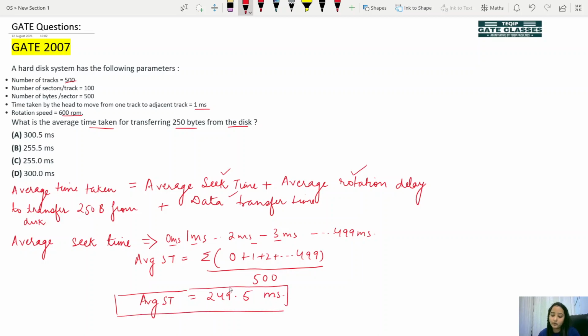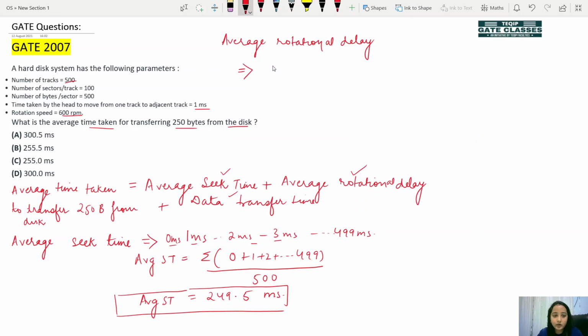Now next, we have to find the average rotational delay, or latency. How will it be calculated? First let me see the revolutions per minute given.